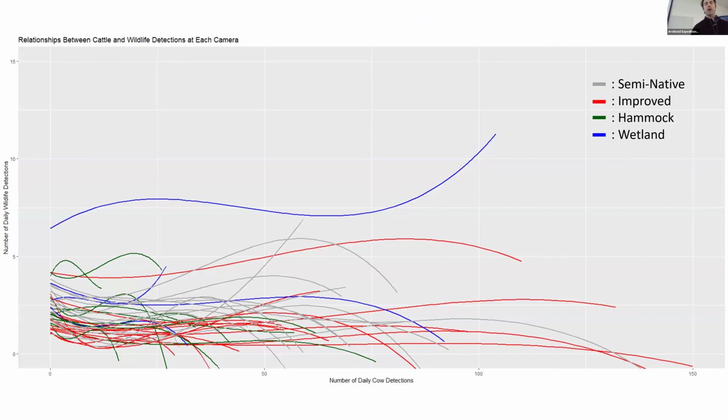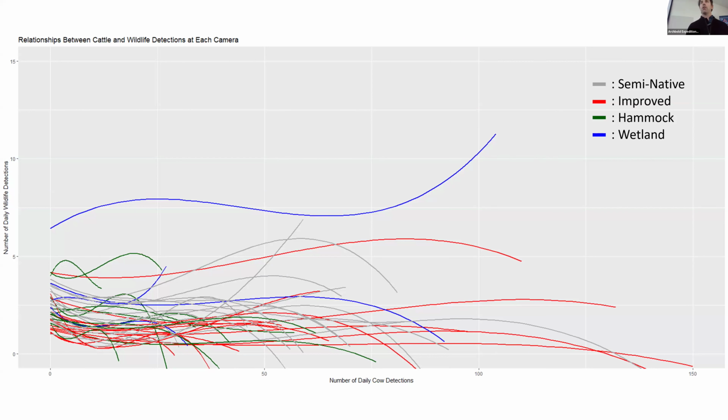I'll skip through these. But from these kinds of simple data summaries, we can begin to dig a lot further into the data. For example, in this figure, each curve represents an expectation of the relationship at each individual camera. So each curve is an individual camera, and the colors represent the habitat that it's in.